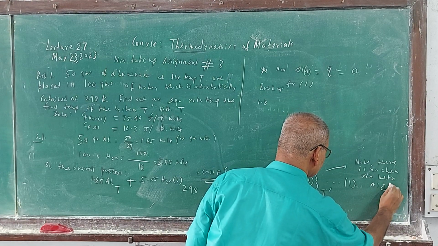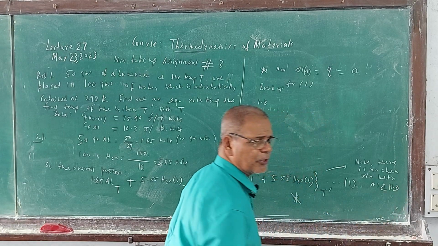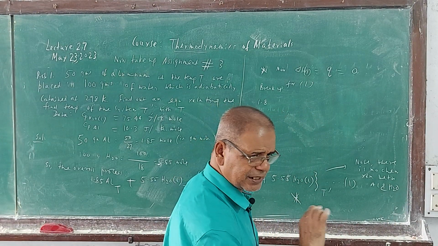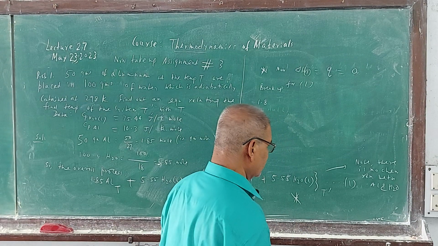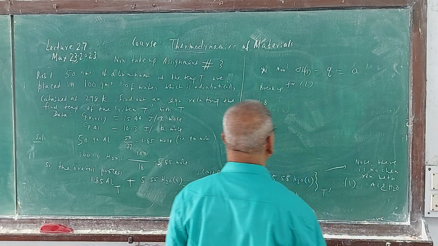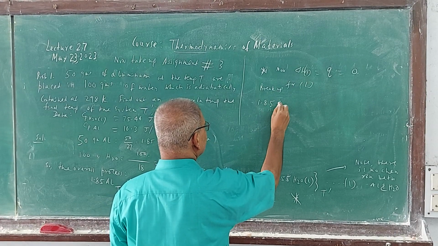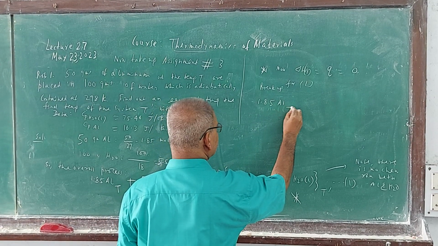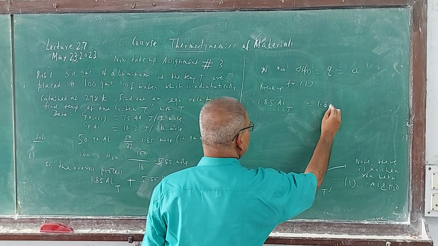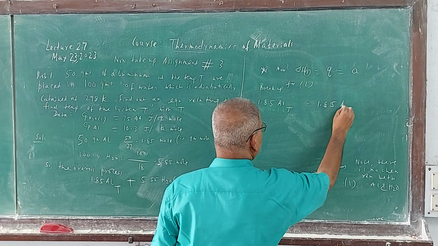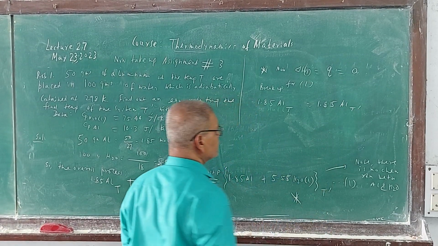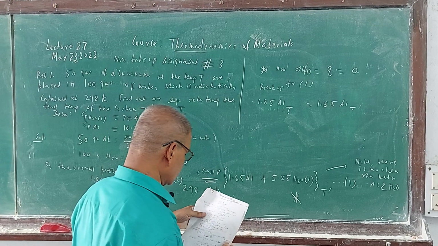Not only that, liquid water is not evaporating either, no phase transformation of water, no complications. Simple. So 1.85 moles of aluminum goes from temperature T to T prime.